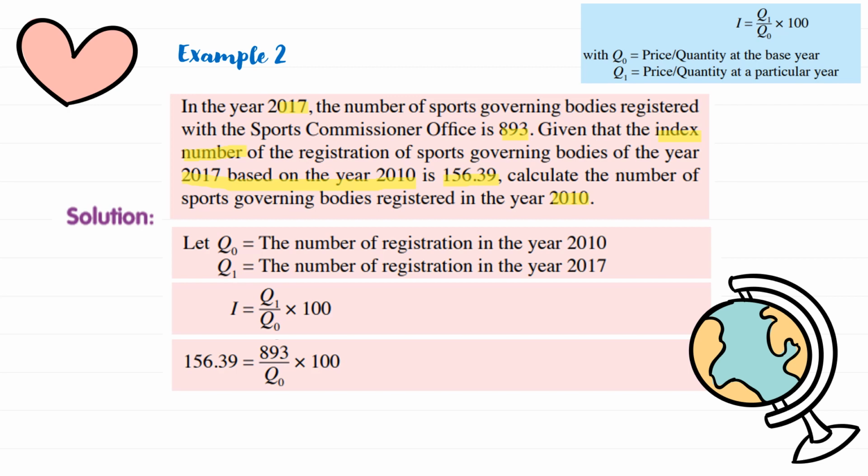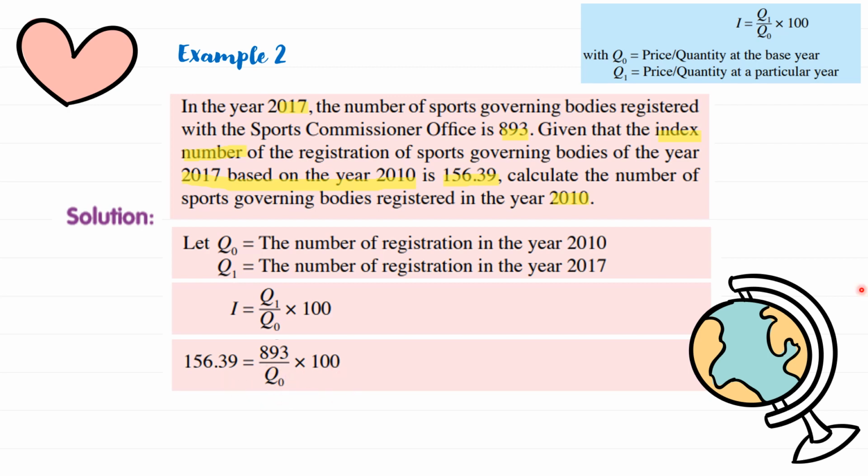Since the index number is already given, 156.39 here, I refers to I. This is the quantity registered for 2017, 893. You are going to find the number of sport governing bodies registered in the base year, 2010, times 100.